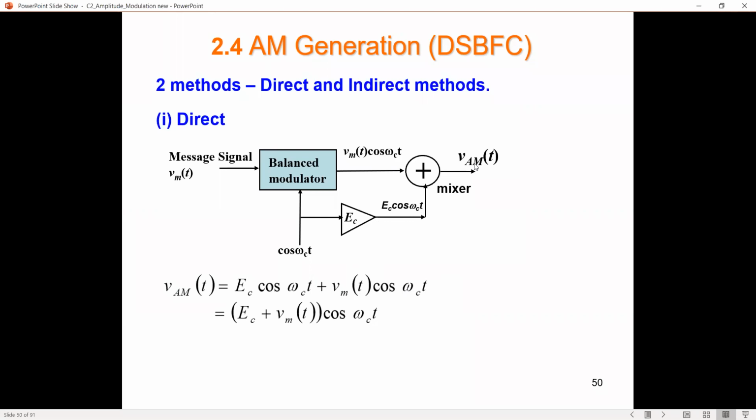So at the output of our summer here, we get our full AM signal, which is EC plus VMT, times cos omega CT. So this is the direct method using a balance modulator. Any question? No? Okay, I'll move to the next slide.